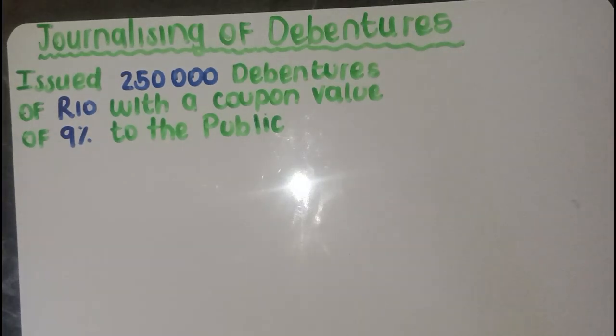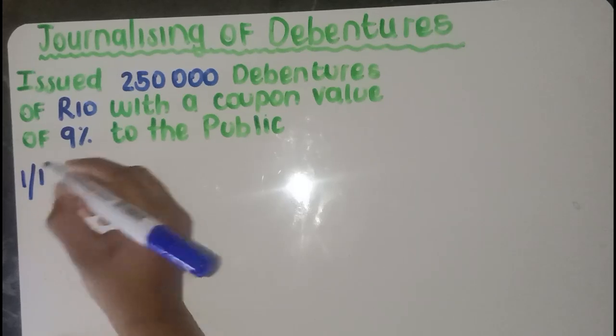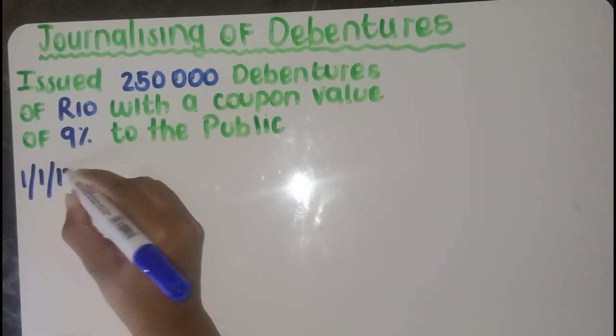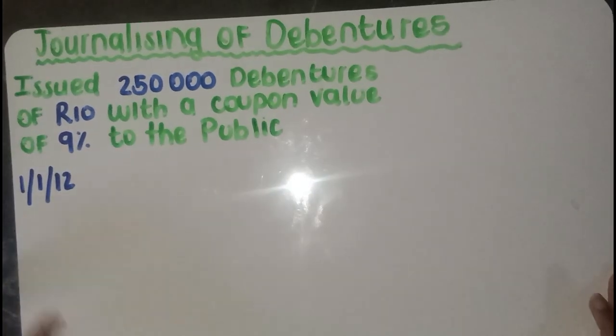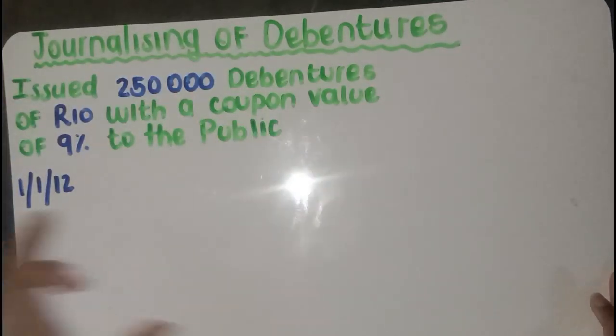All right, so let's just say for starters, they gave us the date of the 1st of January 2012, and they're saying they issued 250 debentures at 10 rands with a coupon value of 9% to the public.